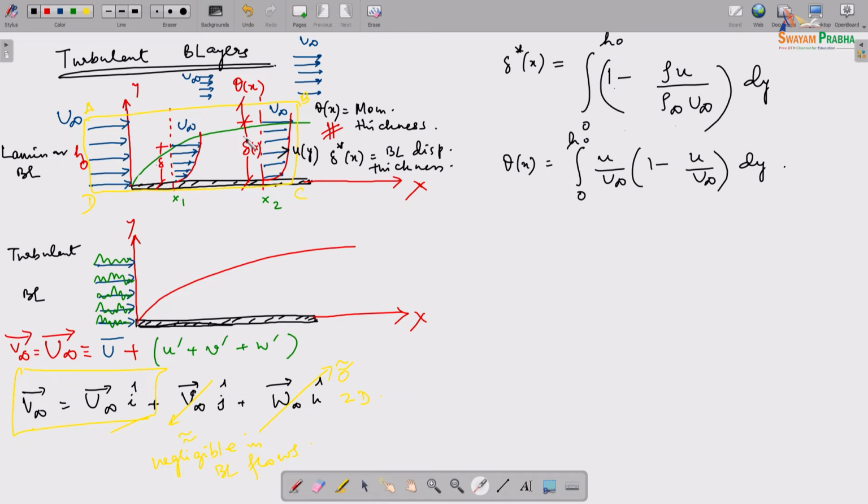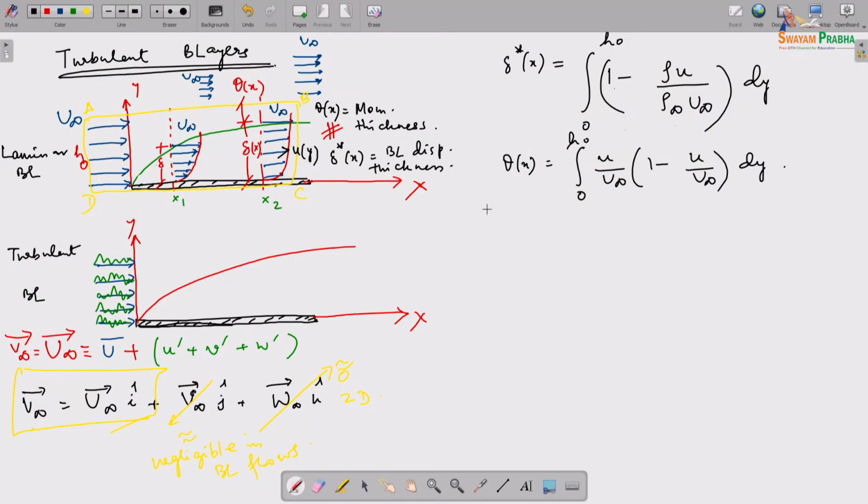So, in this case, this is a very typical description. So, in here, we have u infinity and u of y.